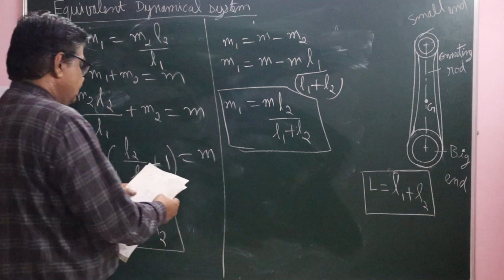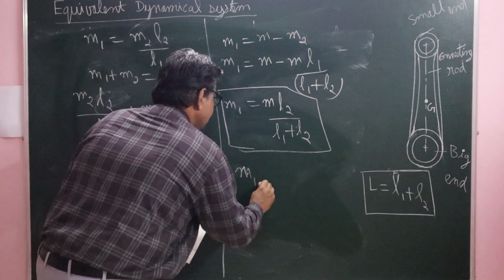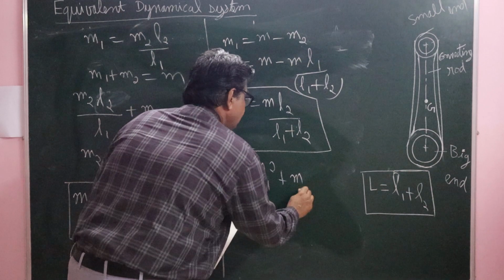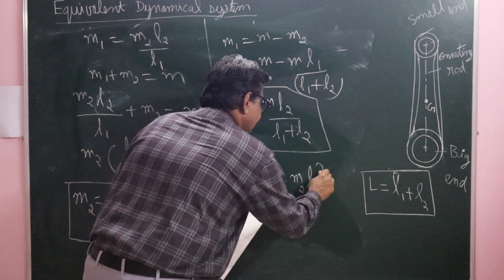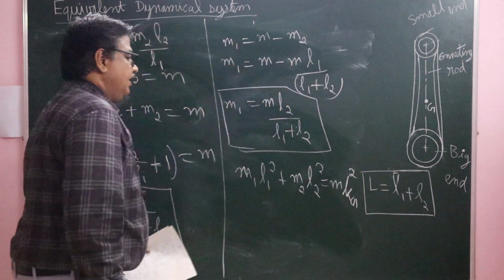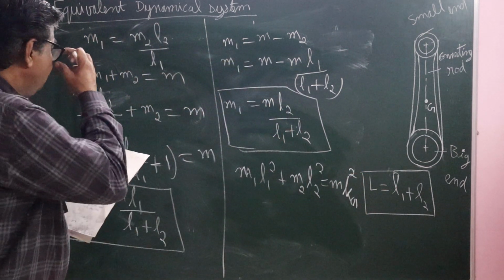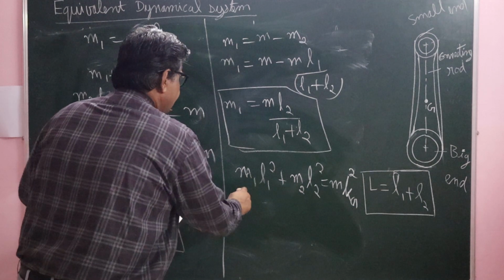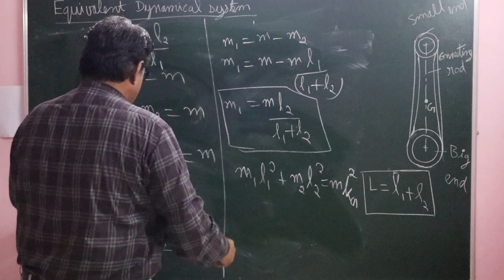Next is the third condition, m1 L1 square plus m2 L2 square equal to m kg square. Therefore, substitute the value of m1 in terms of m and m2 in terms of m.